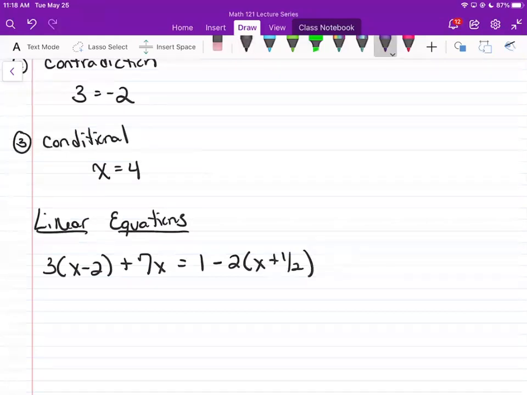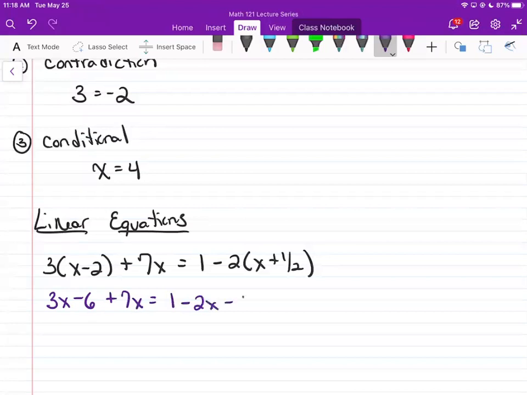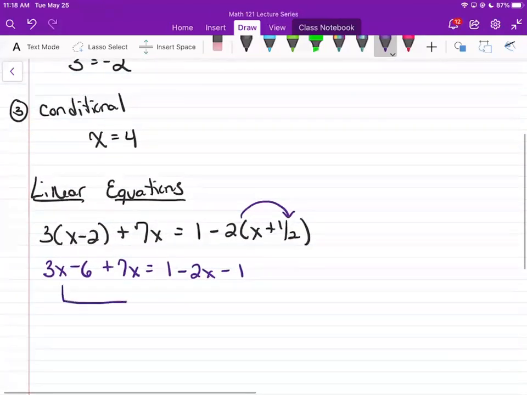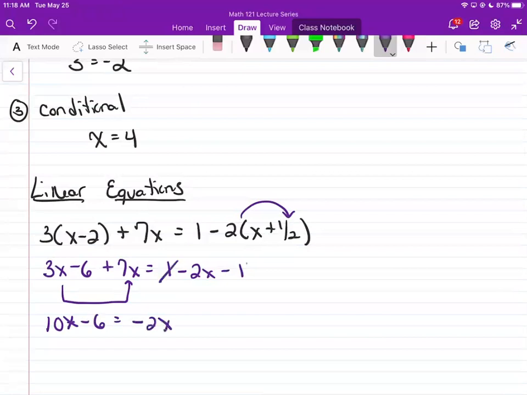I begin by distributing first, so I get 3x minus 6 plus 7x equals 1 minus 2x minus 1. Remember, 2 times 1/2 is going to just give us 1. And then I combine like terms on both sides. I end up with 10x minus 6 equals -2x because these ones cancel.